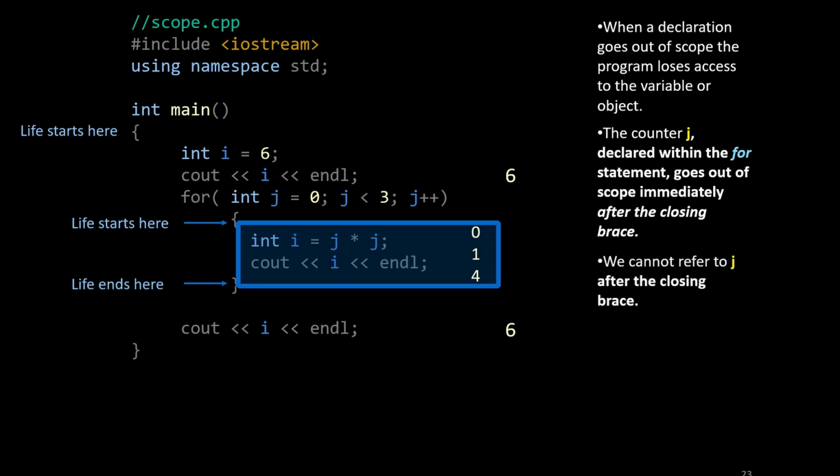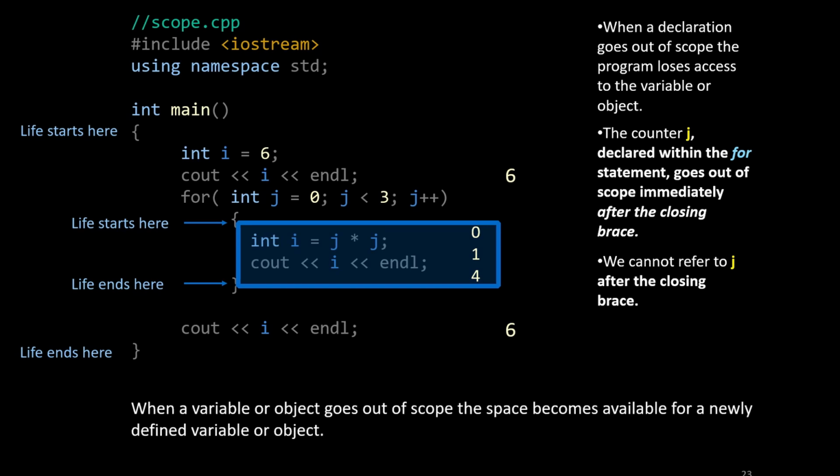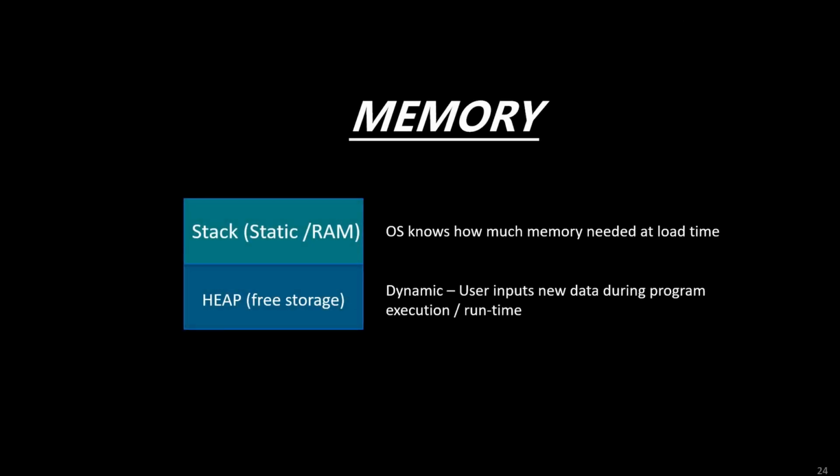We cannot refer to j after the closing brace. And as the compiler continues to process the code, when we get to the final brace within the main, life actually ends for the entire scope of main. When a variable or object goes out of scope, the space becomes available for a newly defined variable or object. That's a key takeaway.